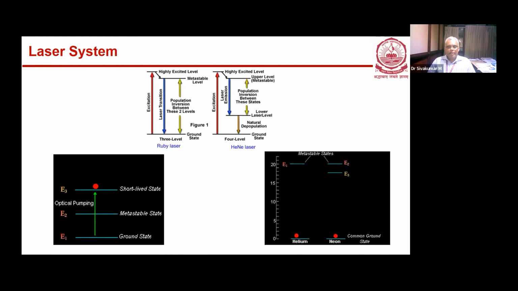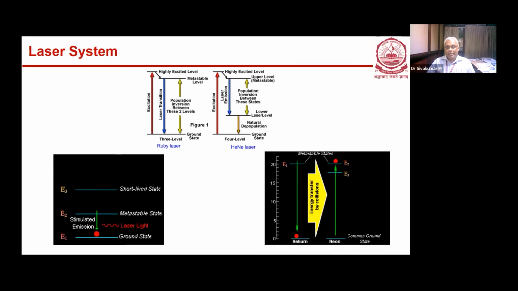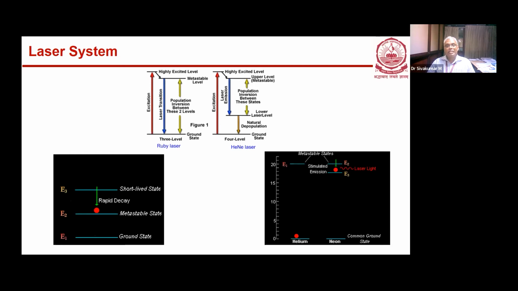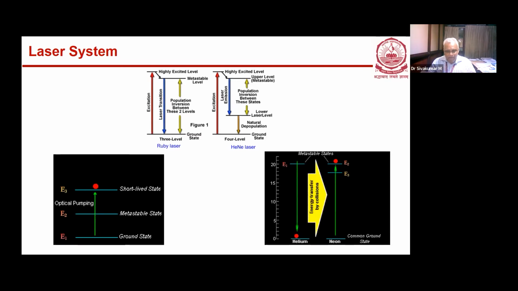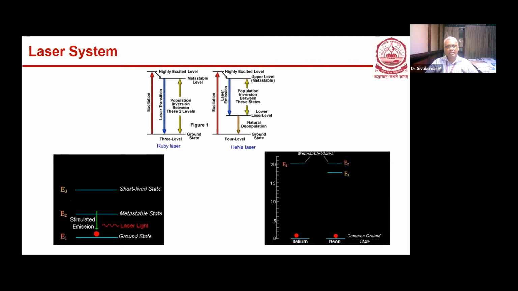So that is why people started thinking about 3 levels and 4 levels. The number of atoms in the excited level should be more than the number of atoms in the ground level. That is called population inversion. You might have heard that word when you study lasers. You have an active medium, either solid or gas, and you excite the atoms from the ground level to the excited level.